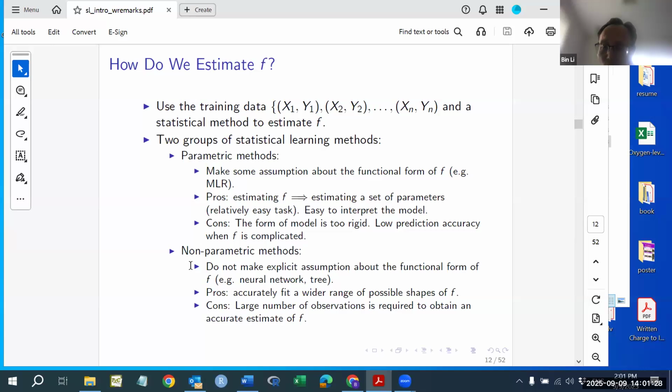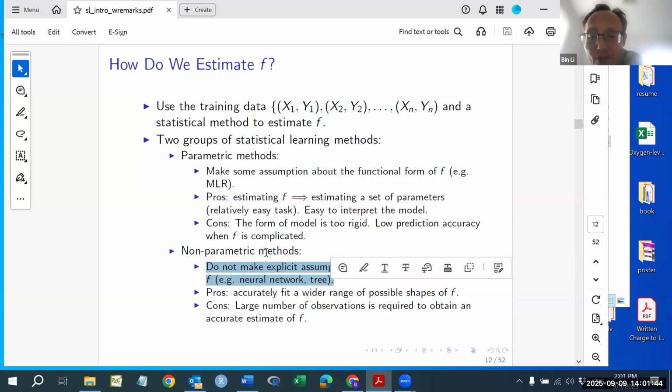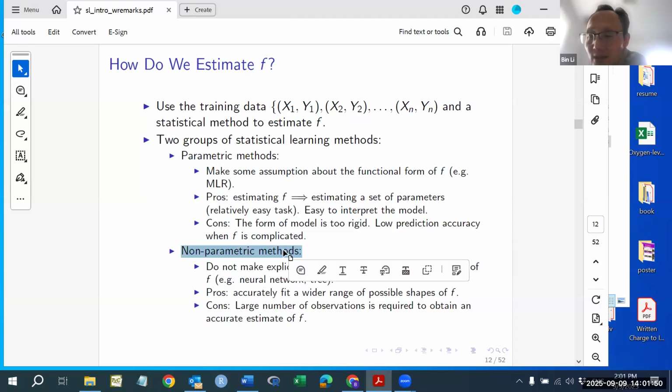Okay, and another approach is the non-parametric approach. We do not make explicit assumptions for the functional form, like the neural network, trees, and also we have statistical models. Non-parametric methods do not just exist in machine learning algorithms; we also have non-parametric methods in the statistics field.